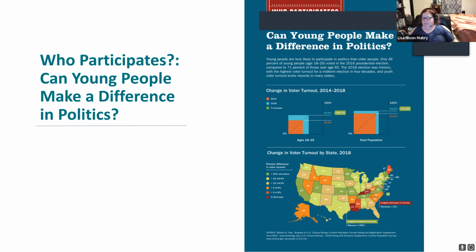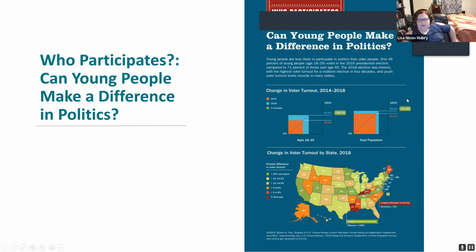It says young people are less likely to participate in politics than older people. Only 46% of young people aged 18 to 29 voted in the 2016 presidential election, which is shameful, compared to 71% of those people over 65. And the 2018 election was historic, with the highest voter turnout for a midterm election in 4 decades, and youth voter turnout broke records in many states.